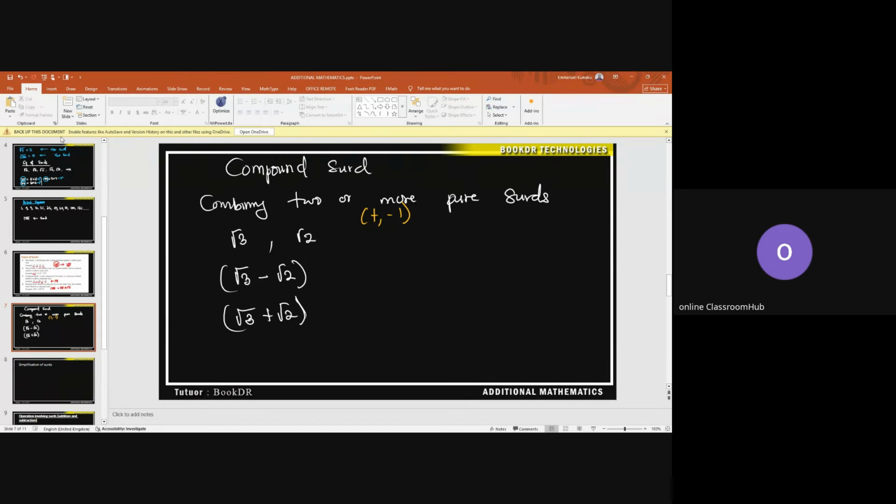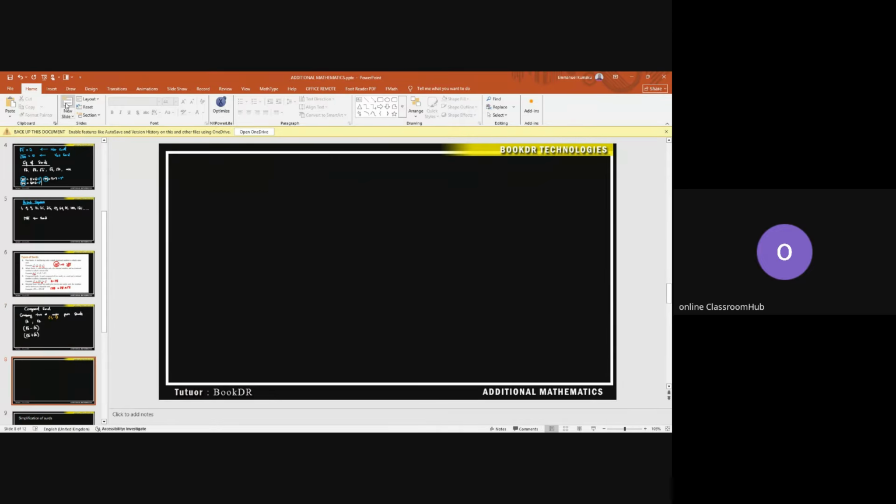Not only combining two or more pure sets, it can be combining a pure set with an integer, using plus or minus.